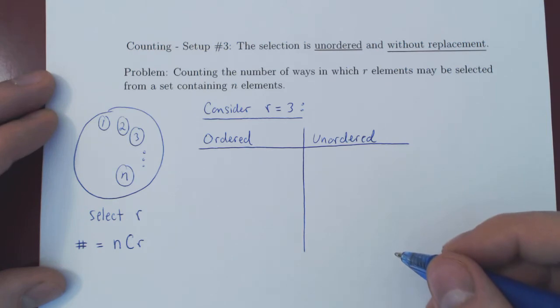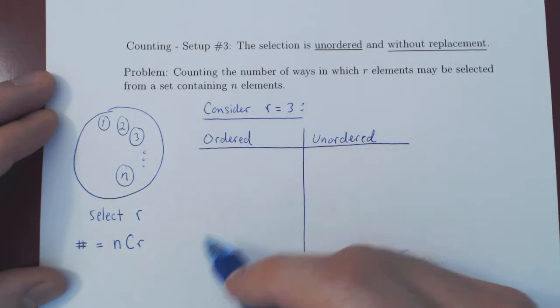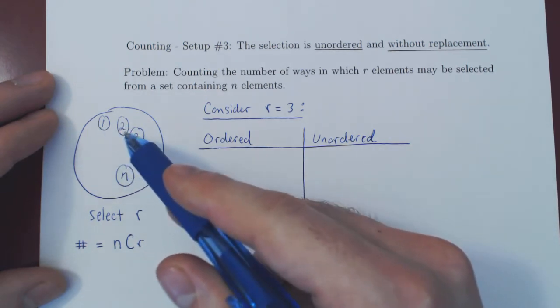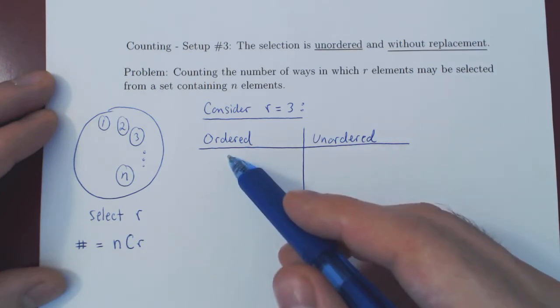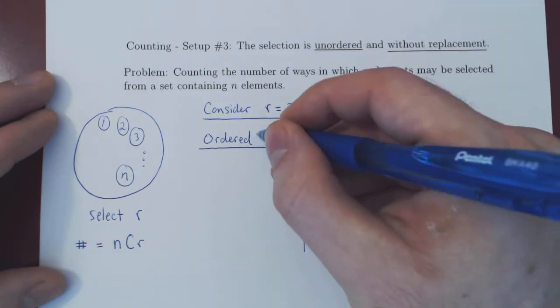So let's see. We're choosing 3 elements, and suppose, just for argument's sake, that the ones that were chosen were balls 1, 2, and 3. Now think of the possibilities if you have an ordered selection, as in setup number 2.